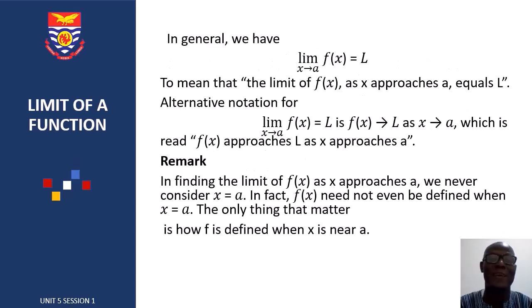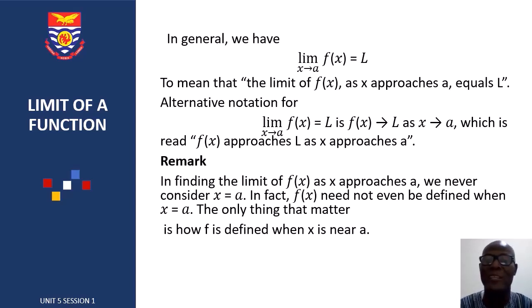Let us look at some definitions. In general, we have the limit as x is approaching a of the function f of x to be L, and L is the limiting value of the given function as x is approaching a.